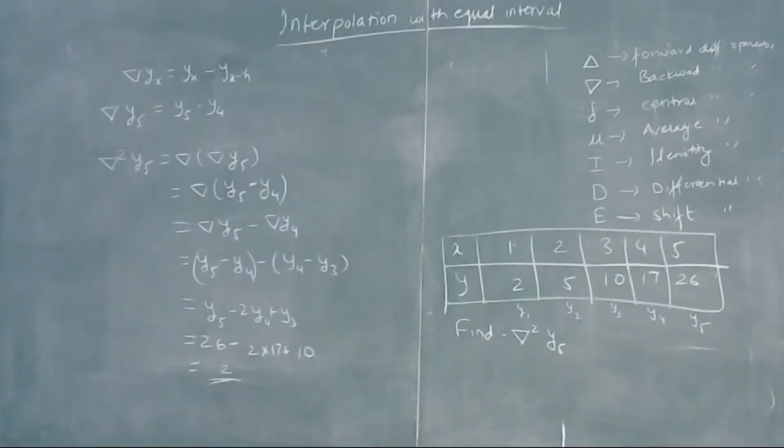So we are getting 2. Check how much you are getting.